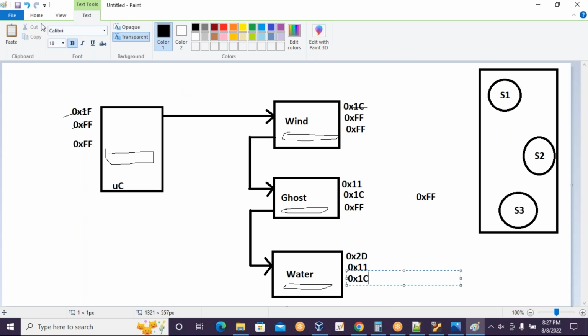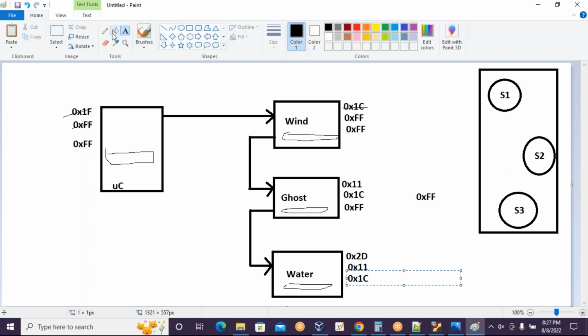Now, did we achieve what we require? Yes, we achieved what we require. My intention was to make the DAC of the ghost be written with 0xFF. I have achieved it. Do you people see anything happening here apart from this?